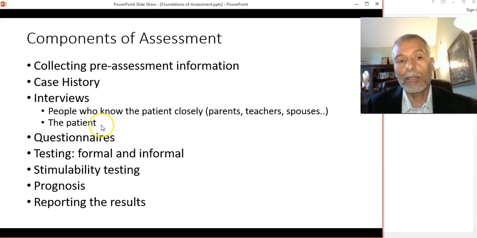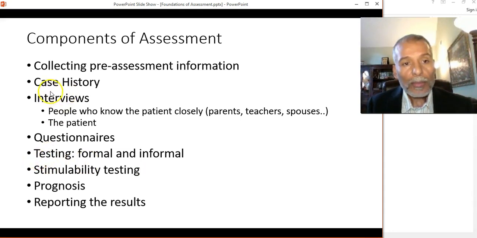You're not going to be doing an interview with them, but you interview the caregiver, the parent. And then there are questionnaires that you send to parents, to teachers, to anyone who knows the child's performance closely, and they complete these questionnaires and send them to you either by email or by hard copy, whatever works. And then you do your testing.